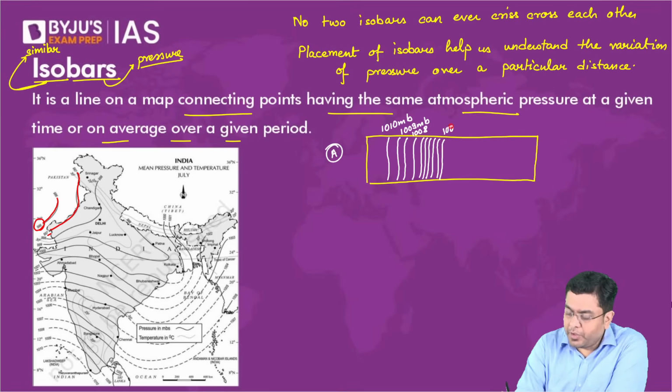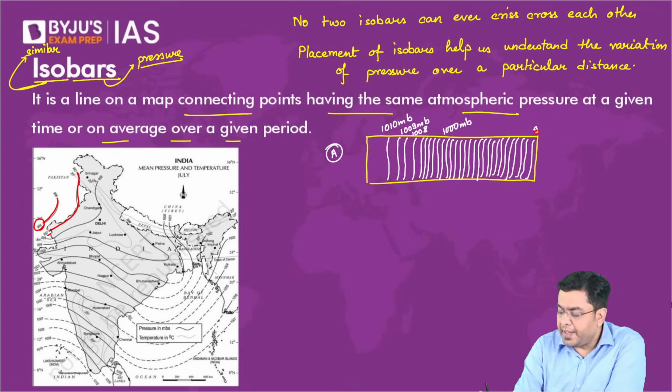Let's suppose here you have 1000 millibar, and so on it continues. Here the isobars are present very, very close to each other. Let's assume here you have a condition of 980 millibar.